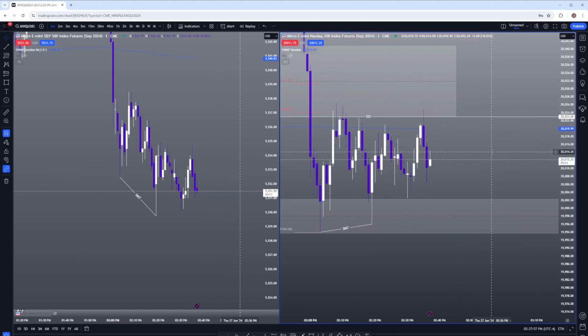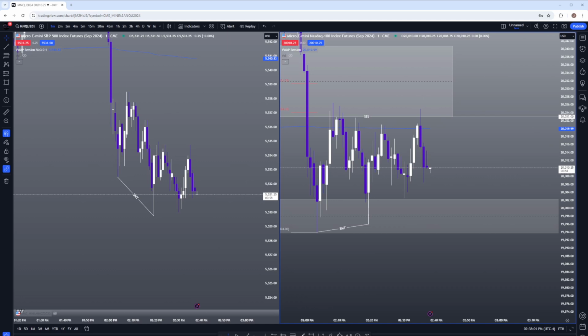So still just sitting right in the middle of this range. Can't seem to break out of it.